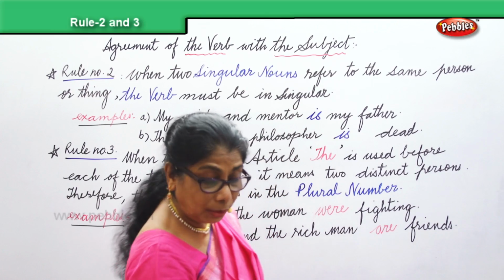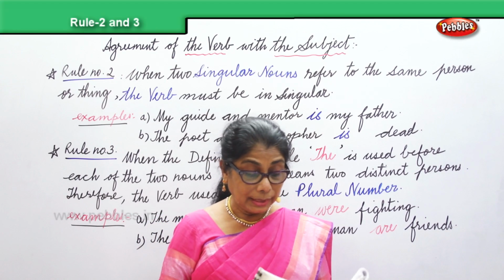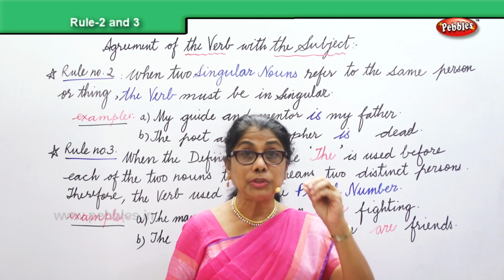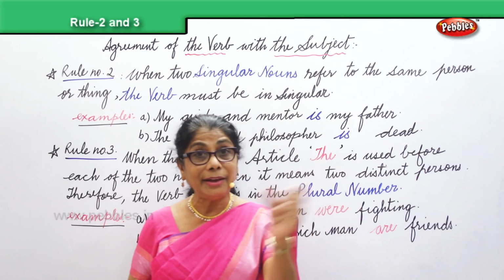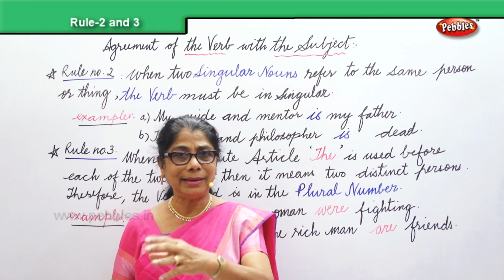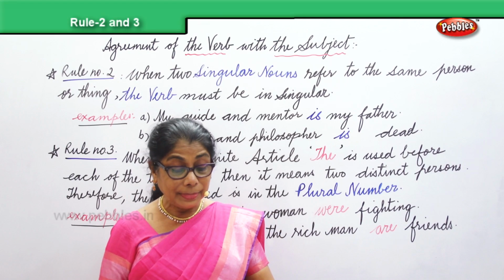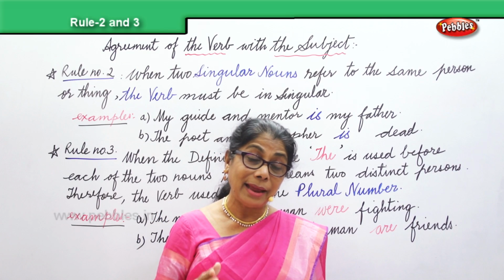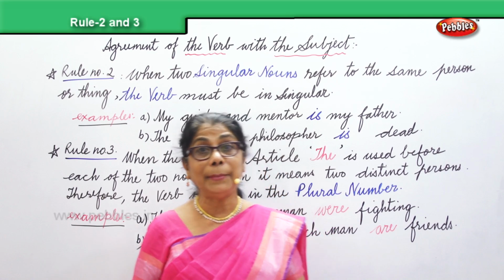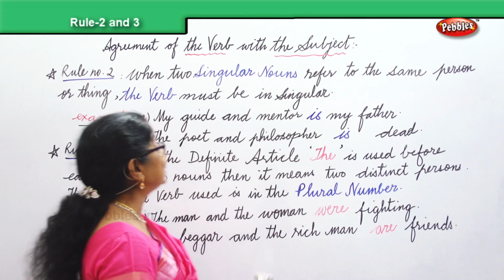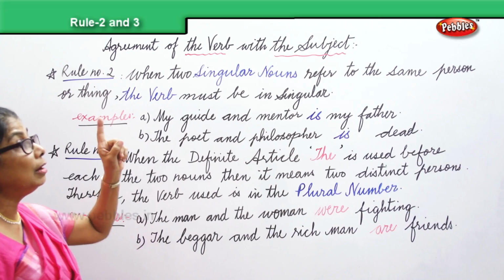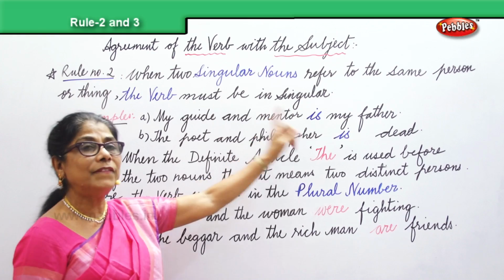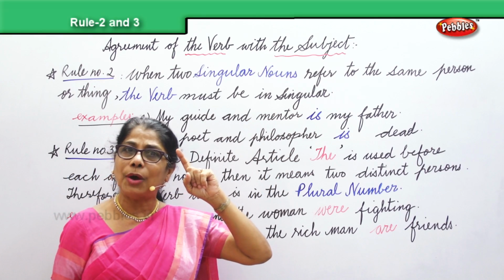So we have done 3 rules so far in the agreement of the verb. The first rule: two or more singular subjects, when you add and with it, Tina and Meena, mommy and daddy, the verb will be in the plural form. Mommy and daddy are coming home. The second rule says, when 2 singular nouns refer to the same person, the guide and the mentor, the verb will take the singular form.